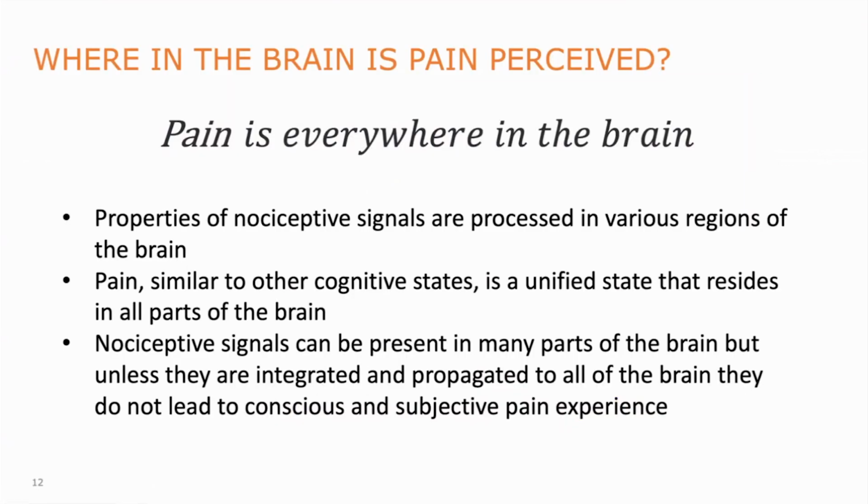So multiple brain areas process nociceptive information, but we think of pain as a cognitive, unified state, and in fact our recent data shows that we can capture that data from anywhere in the brain. Pain may have specific processing units, but its perception includes the whole brain. It's a whole brain state.